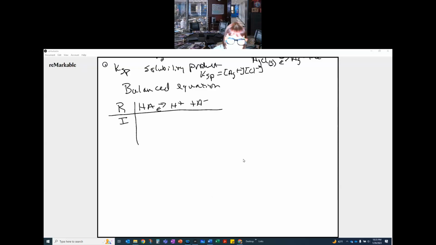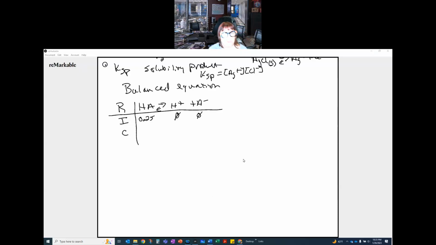We would then have our initial conditions below that. Because we're starting with HA and it hasn't dissolved yet, we always put our initial conditions for our products as 0, and our HA is whatever concentration we started with. So if I started with a 0.25 molar solution, I would put that right there. I assume these are all moles per liter, so I don't include that unit.